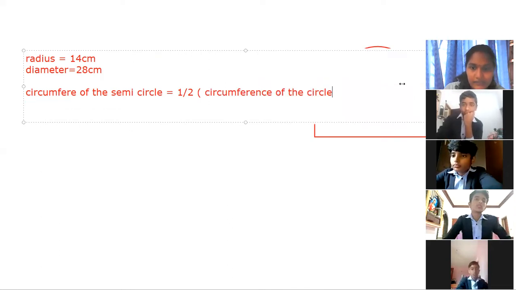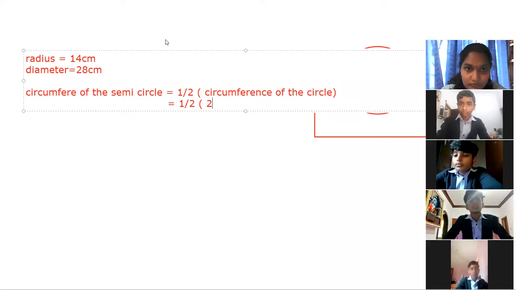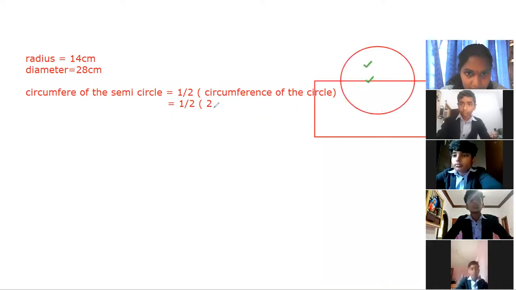Clear? And we know the equation for the circumference of the circle, that is 1 by 2 into 2 pi r.